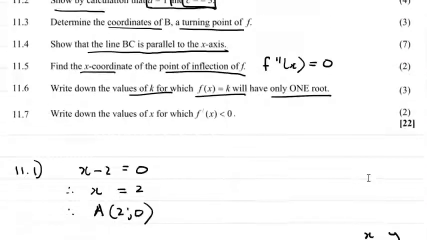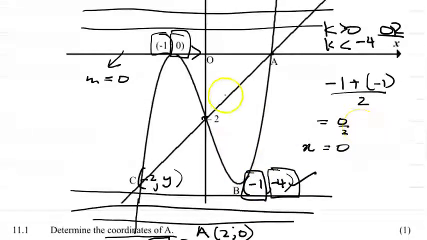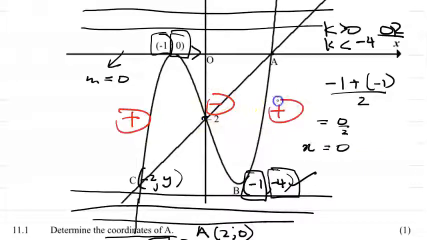Okay, the last question that we've now come to is write down the values of x for which f prime x will be less than 0. So the derivative of this particular function, where will it be less than 0? Remember the gradient here is going to be positive, here will be negative, here will be positive. If you draw a tangent here, you will get a positive gradient. If you draw a tangent here, you'll get negative, and then positive.